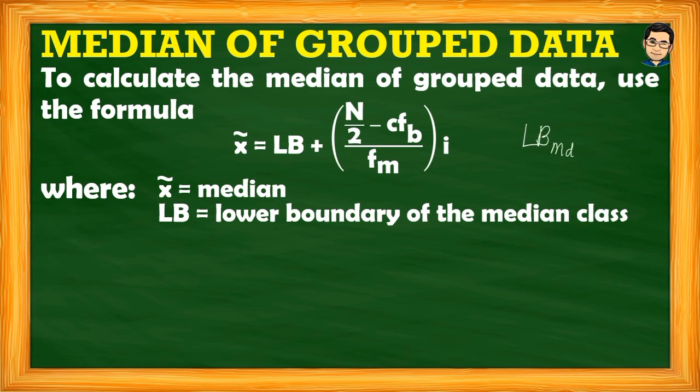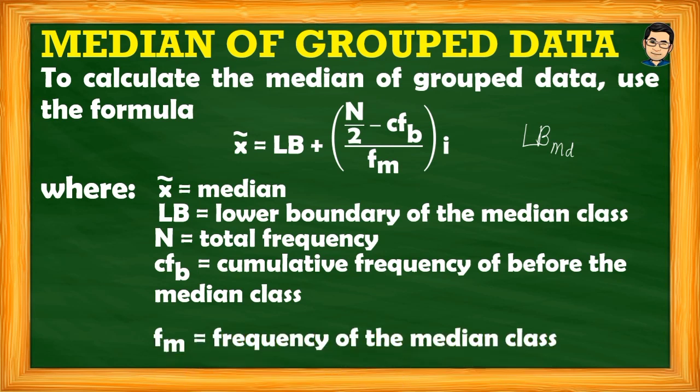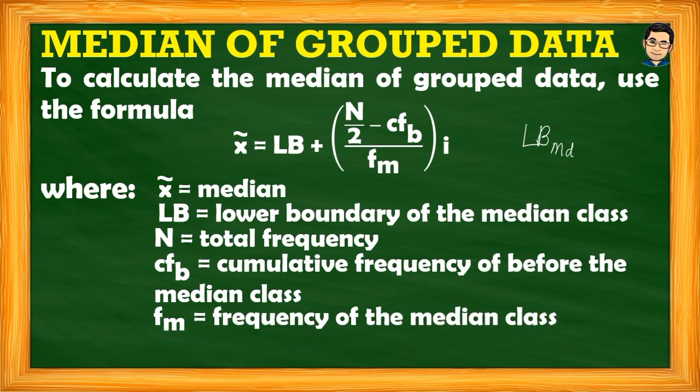Ayan. And then N is the total frequency. CFB or CF sub B, that is the cumulative frequency before the median class. Okay, so mamaya explain natin yung cumulative frequency na yan. And then, F sub M, that is the frequency of the median class.